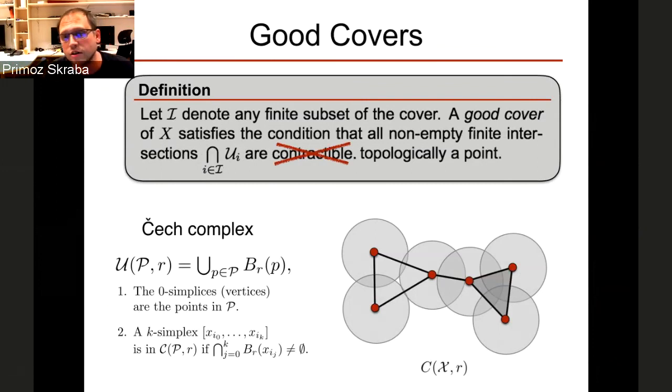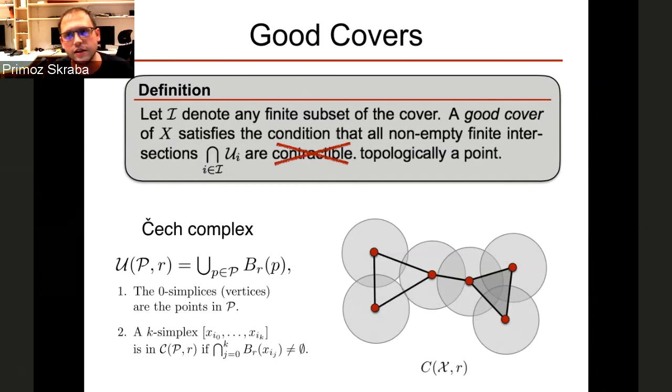If we're in Euclidean space, because balls and intersections of balls are all convex, they're immediately contractible, which means that the Čech complex, or the nerve of the union of balls rather, automatically has the same homotopy type. But in most cases, we're not really this lucky.